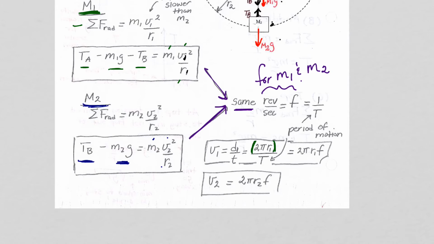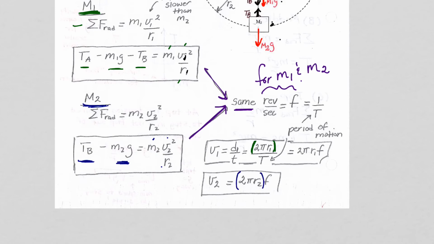That's the same. And I can leave my equation either as period of motion or frequency of motion. So 2 pi r1 over t, or 2 pi r1 f. And then for v2, we have 2 pi r2, and I was using blue for M2.